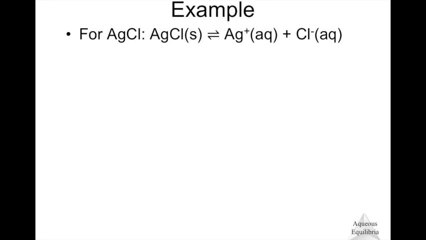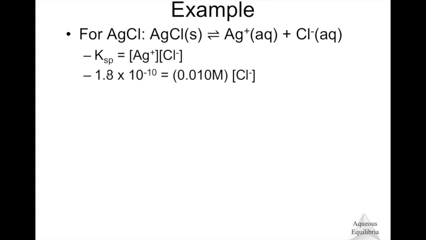So if we're looking at AgCl, here's the reaction we're looking at. AgCl is going to dissociate into Ag plus and Cl minus. So your equilibrium expression would be this right here. You have your KSP for AgCl, and you add this to start off with. So we're going to solve for chloride. And chloride is 1.8 times 10 to the minus 8 molar. So that's how much it would take to be saturated, to be at equilibrium.